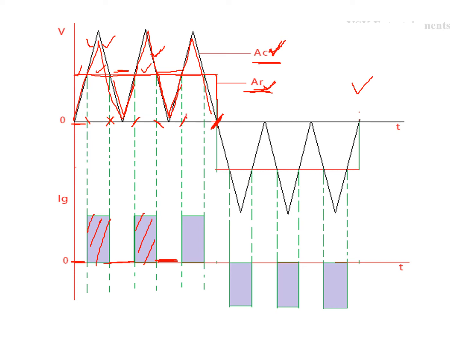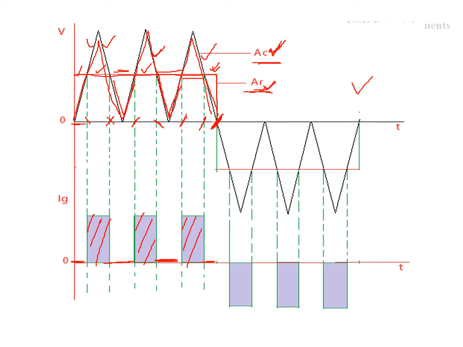Similarly, from this point to this point, the magnitude of carrier signal is greater than the magnitude of reference signal, so again we are going to get the gating pulses. From this point to this point, again the magnitude of carrier signal is less than the magnitude of reference signal, so we are not going to get any gating pulse here.